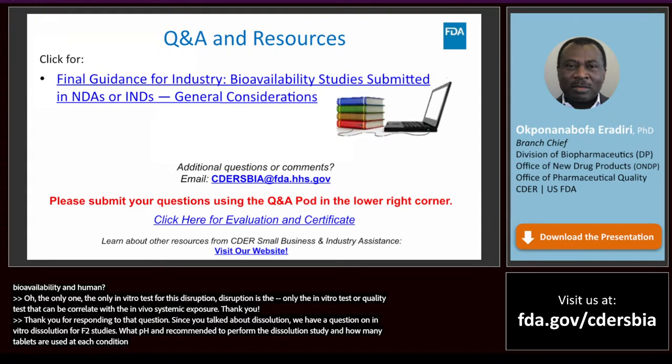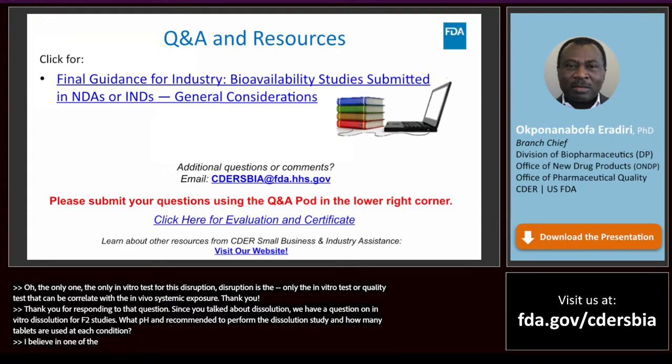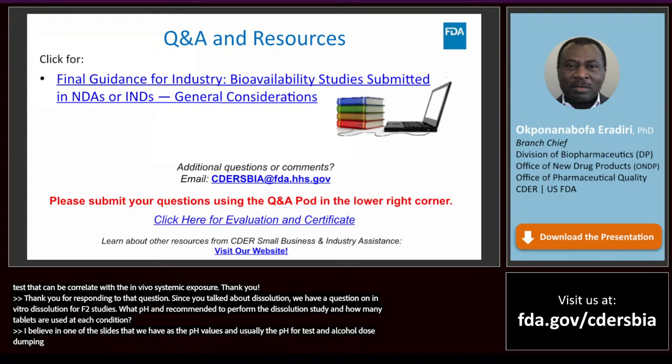I believe one of the slides has the pH values, and usually the pH for testing alcohol dose dumping is pH 1.2, which is equivalent to 0.1 normal HCl. That is the recommended pH in general.